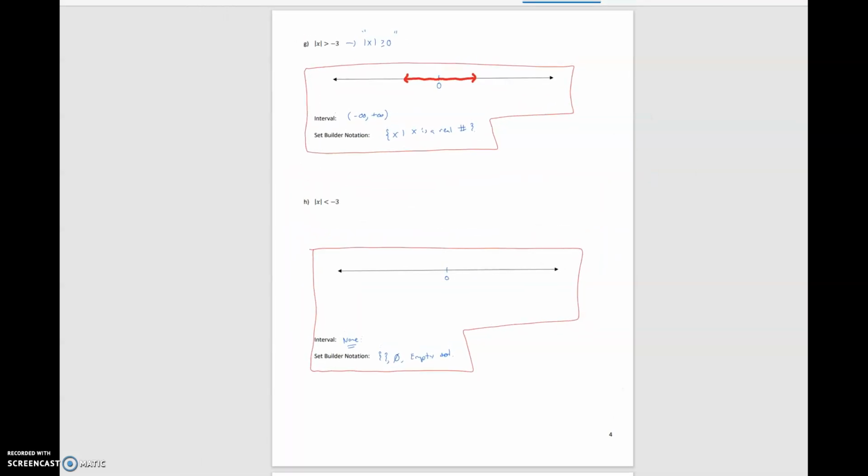G, it's the complement, it's all real numbers. So careful on these two. They're a little bit tricky, especially because of the nature that we're talking about absolute values. So these are special types of distances. Any distance can be greater than 0 or a negative value, but they cannot be less. That's it for these problems. I'll put the rest of them on a different video.